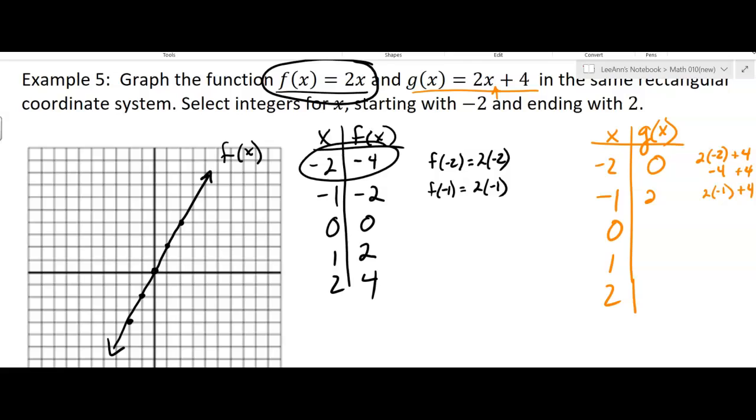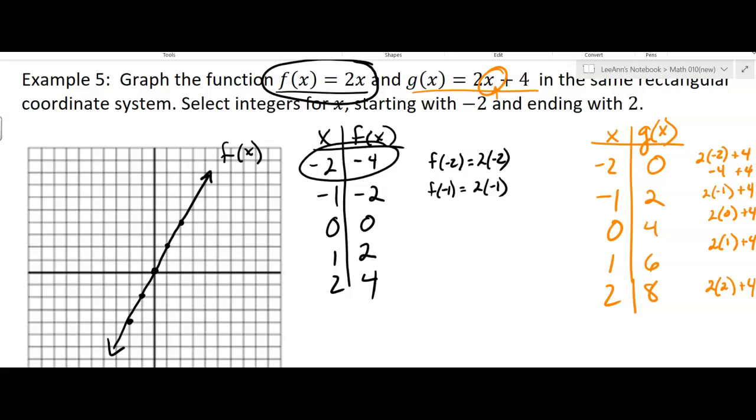So what do you get? 2 for that. And then you're going to put in 0. You're going to get 4. And you're going to put in 1. So every time I'm taking an x value, I'm multiplying it by 2 and adding 4. That gives 6. And then finally, putting in the 2, I get 8.